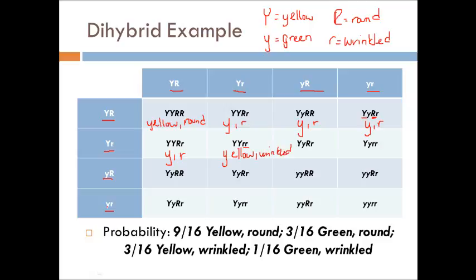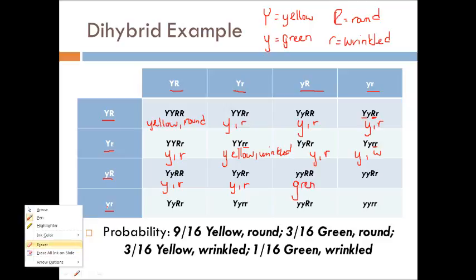This one here will be yellow and round. This time, yellow and wrinkled, because it has the two little letters. Yellow and round because we have big ones in each. Yellow and round. This time this one is going to be green.